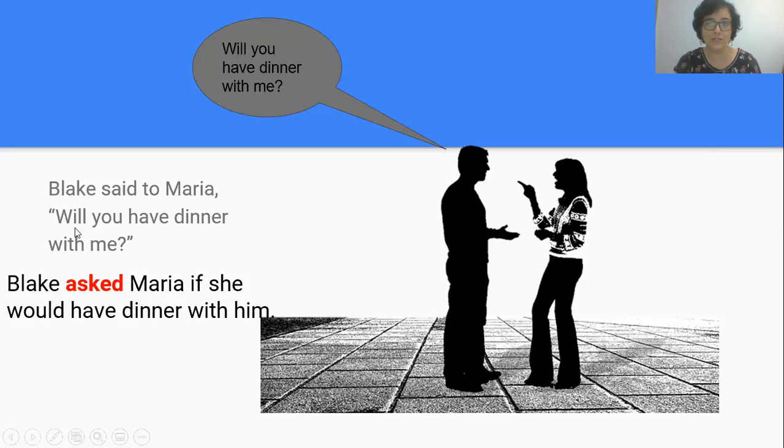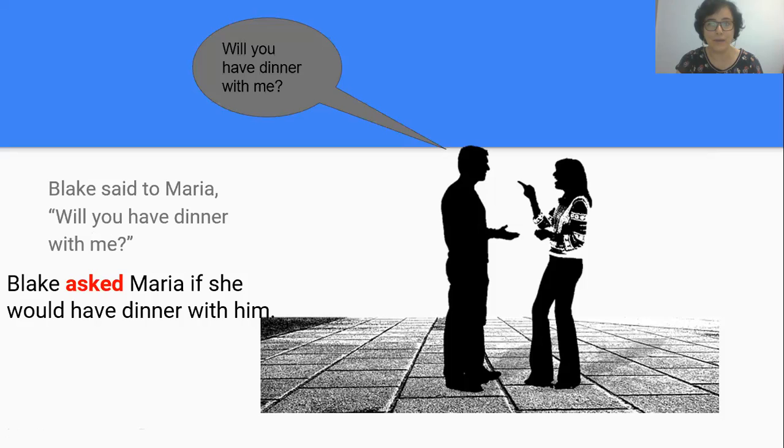Now, if I had to just keep it the way it is, like we did earlier in the case when it is one person speaking or two people speaking, then I would have said, Blake asked Maria if would she have dinner with him. Would she have dinner with him is completely incorrect English. So we have to make sure that we interchange these two words here. We have to interchange the pronoun and the verb, without which this sentence will be completely incorrect.